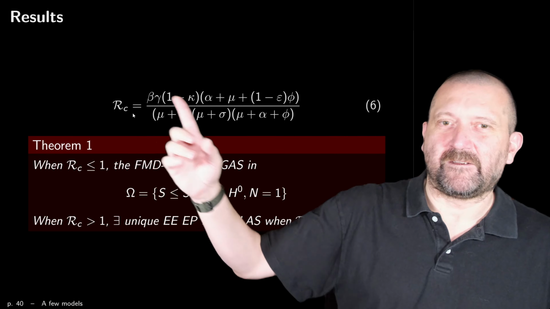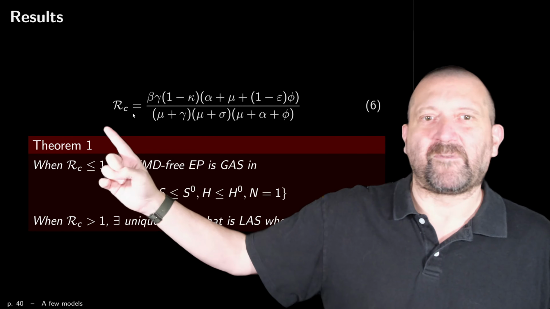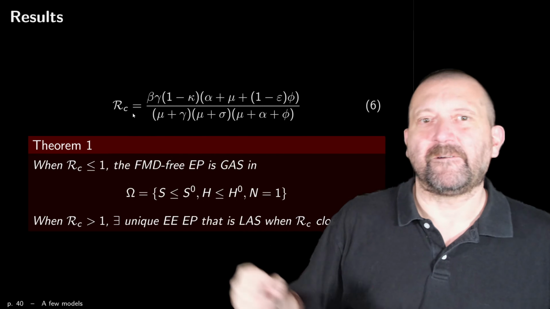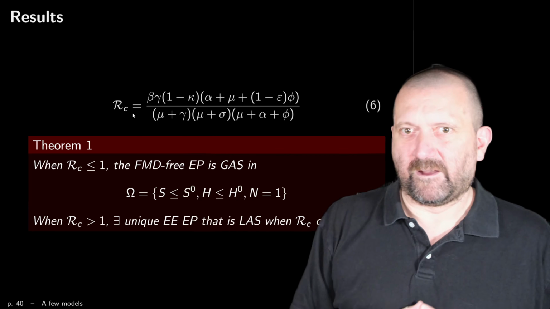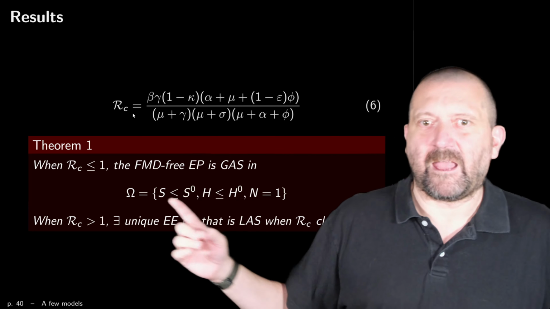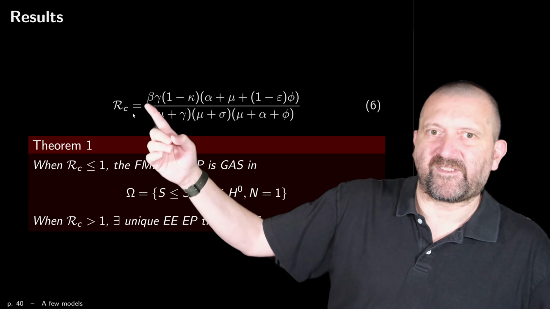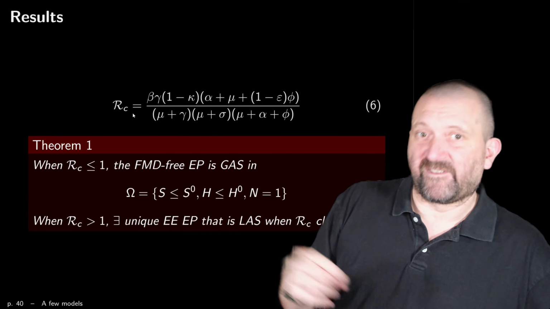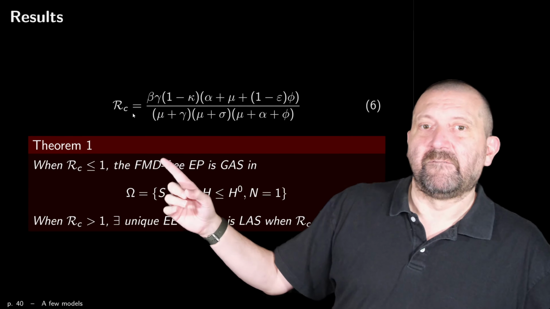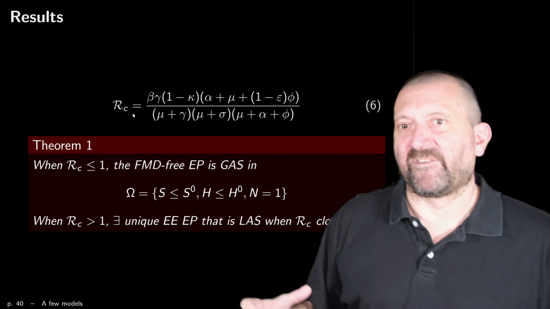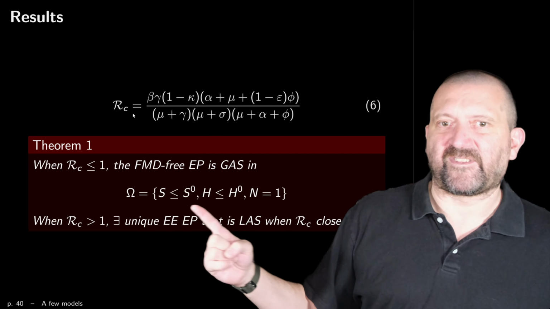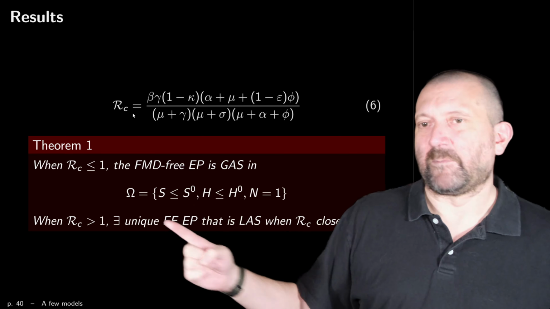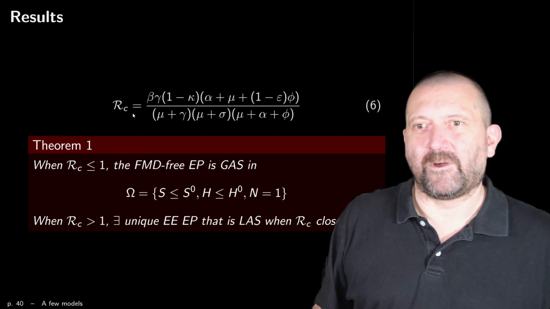So they find a basic reproduction number that they call R_C. They find the basic reproduction number to be this expression here, and they're able to say that when this R_C value is less than or equal to 1, then the foot and mouth disease-free equilibrium is globally stable in this set, which they prove to be forward invariant under the flow.